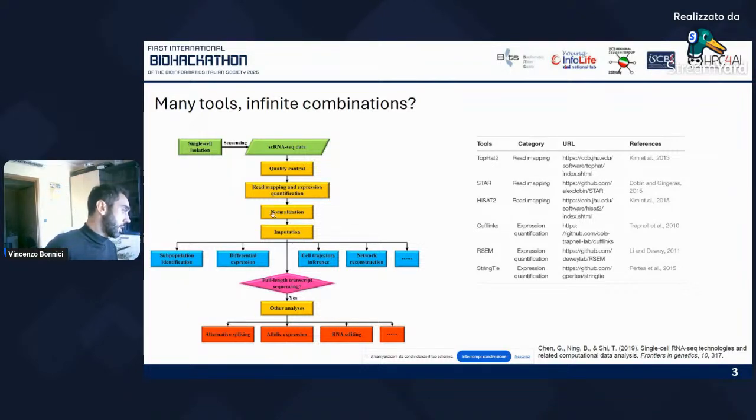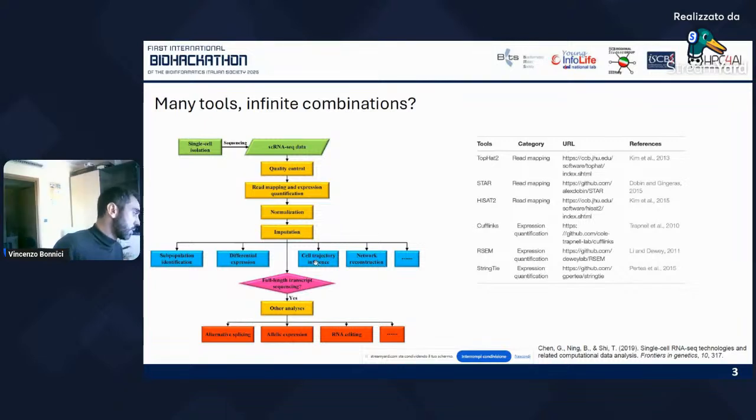Then once you have obtained the normalized data, for sure, you can run several different types of analysis. You can identify subpopulations in your samples. You can run a differential expression analysis in order to identify genes that are differentially expressed between two or more conditions.